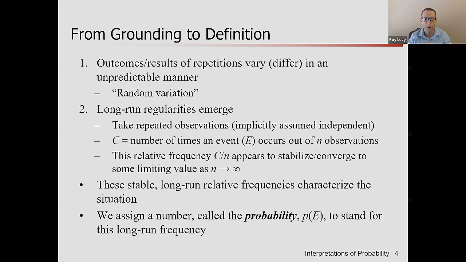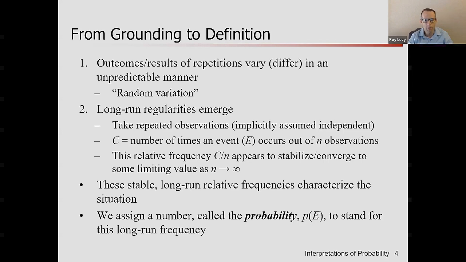We take repeated observations of the same event over and over, and we count up the number of times that a particular event occurs in that set of observations. There is a relative frequency or proportion here, the count divided by the number of observations. And this relative frequency will tend to stabilize or converge as the number of observations goes to infinity.